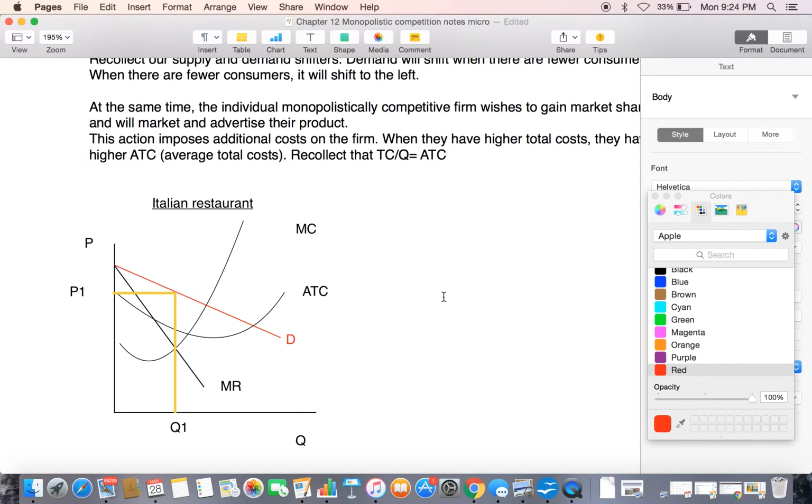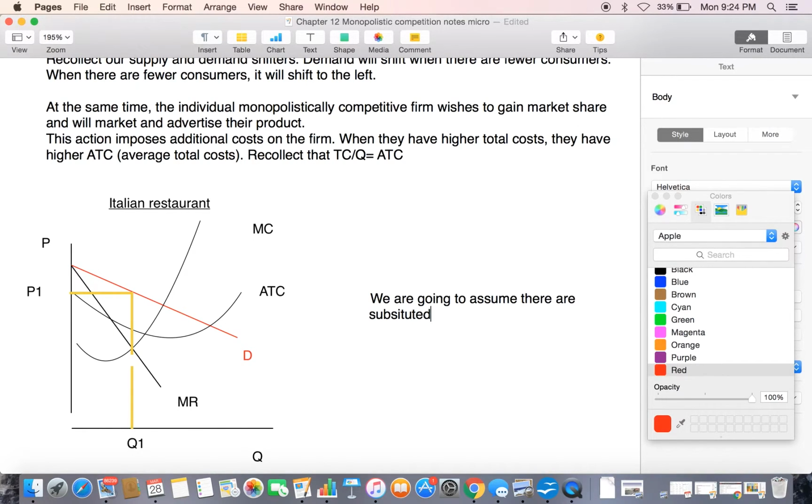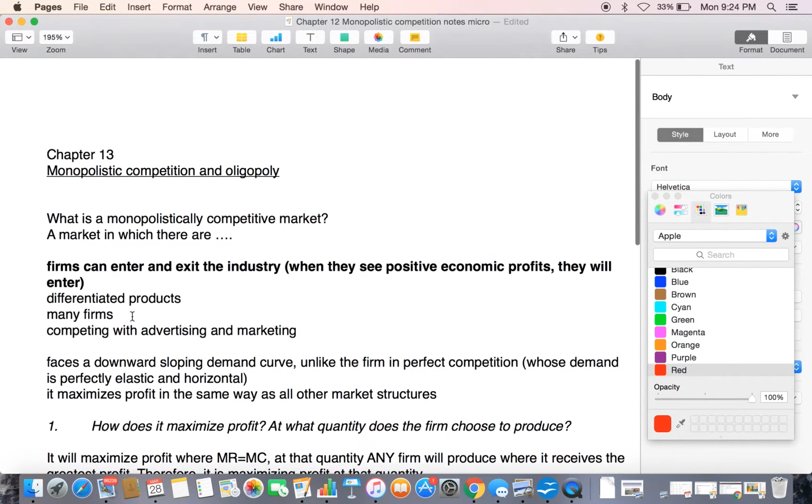But in a monopolistically competitive market, we are going to assume there are substitutes for the product that this individual restaurant is producing, because even though their product is differentiated, it is not unique.